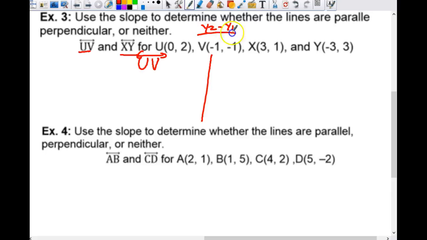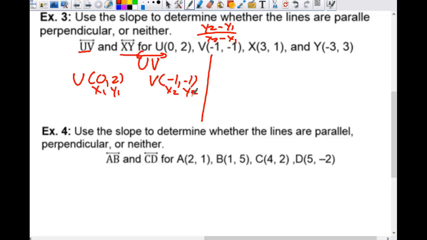So, first step, write the equation. Y2 minus Y1 over X2 minus X1. UV. We have U, which is at 0, 2. We have V, which is at -1, -1. What's our next step? Label them. X1, Y1, X2, Y2.